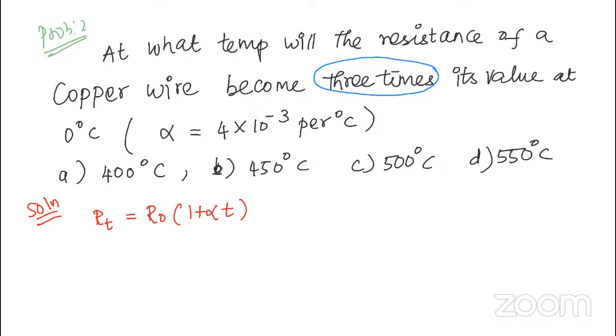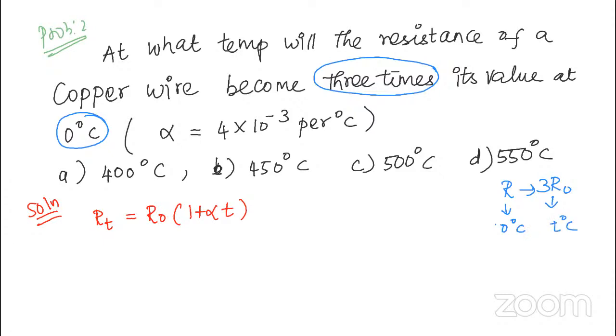Okay, the initial is given as 0 degree, and from that it increases 3 times, so R becomes 3 R naught. This is the initial one, and this is the change, that is the final temperature. This is for 0 degree and this is for T degree.